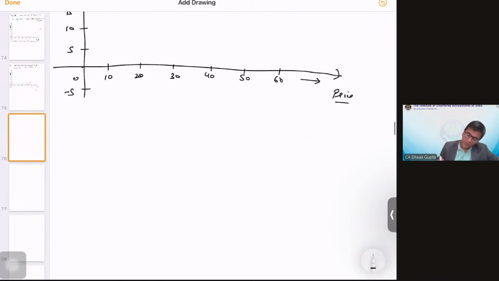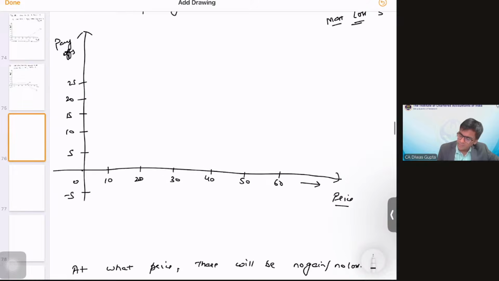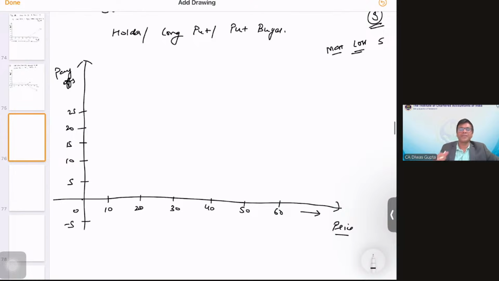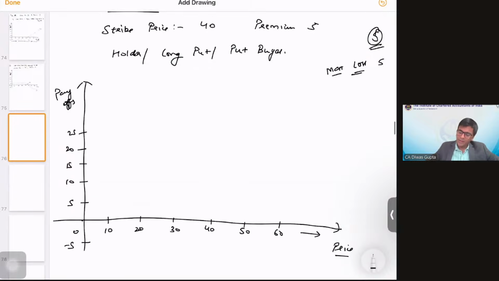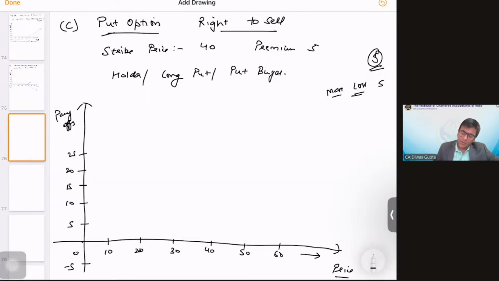Okay, let me ask all of you this question. At what price will there be no gain, no loss? If the right to sell is what we're talking about, which is a put option, the strike price is 40 and the premium is 5.